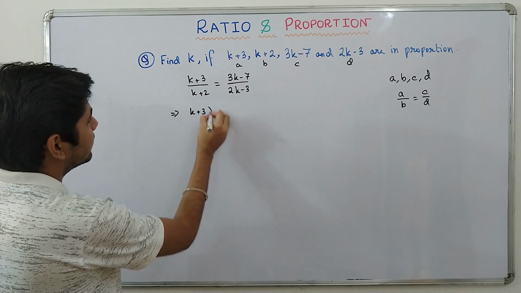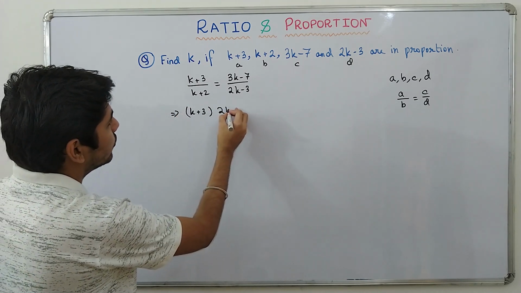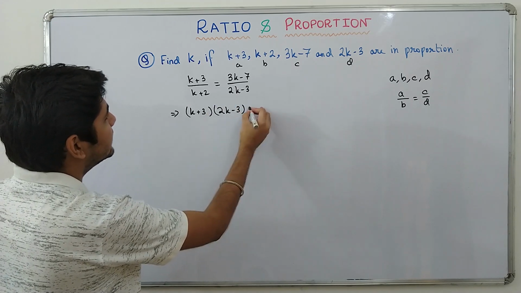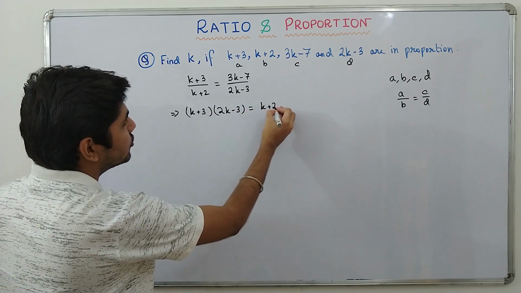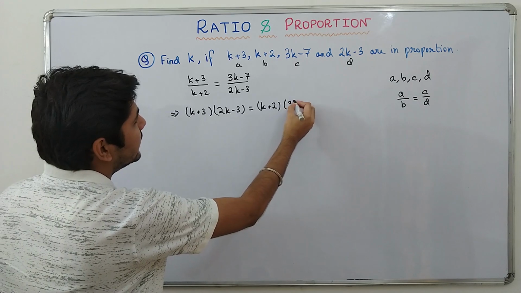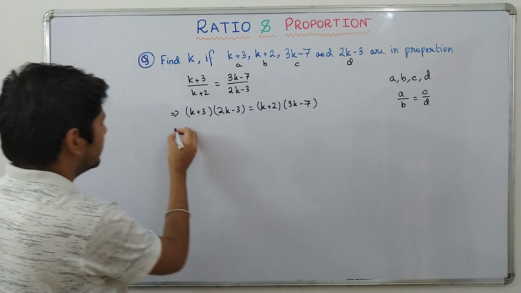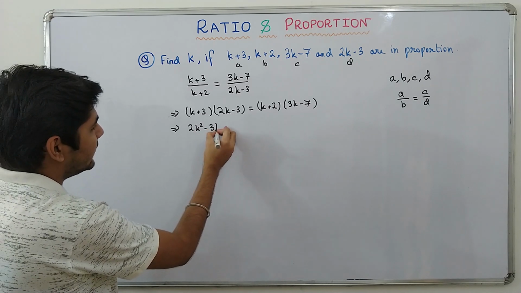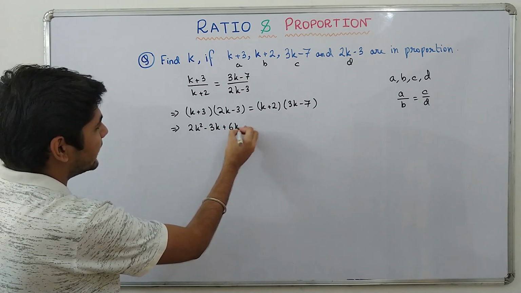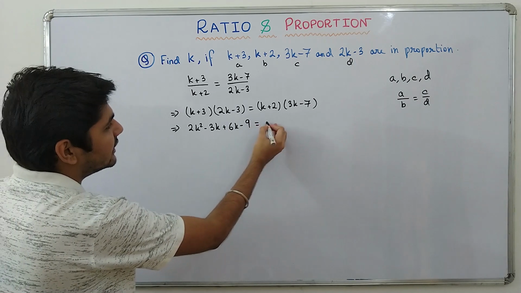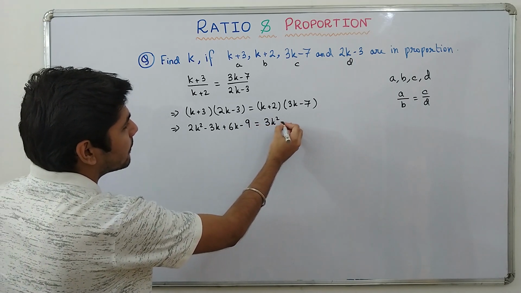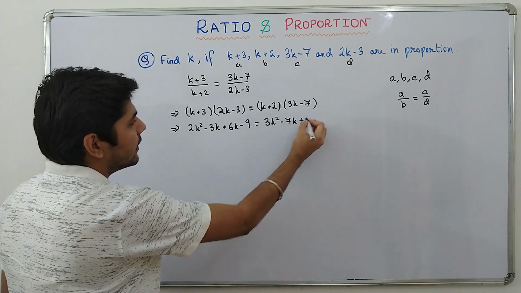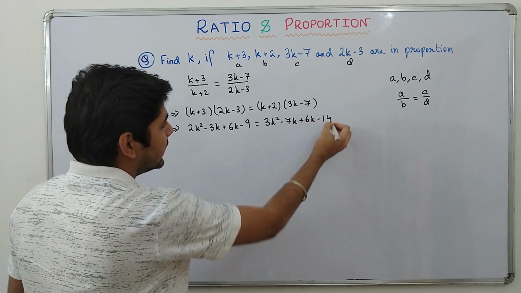(k plus 3) into (2k minus 3) is equal to (k plus 2) into (3k minus 7). So we get 2k square minus 3k plus 6k minus 9 is equal to 3k square minus 7k plus 6k minus 14.